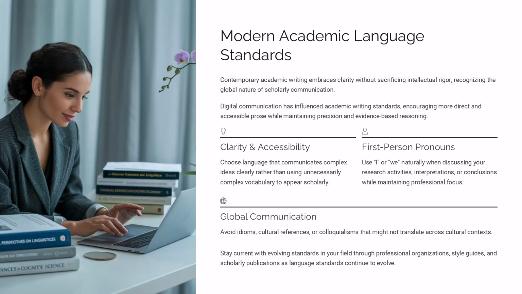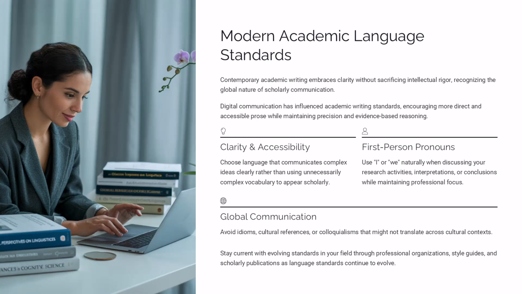Modern academic language standards reflect the evolution of scholarly communication in an increasingly diverse and interconnected world. Understanding these contemporary standards ensures your writing meets current professional expectations while contributing to inclusive scholarly discourse.